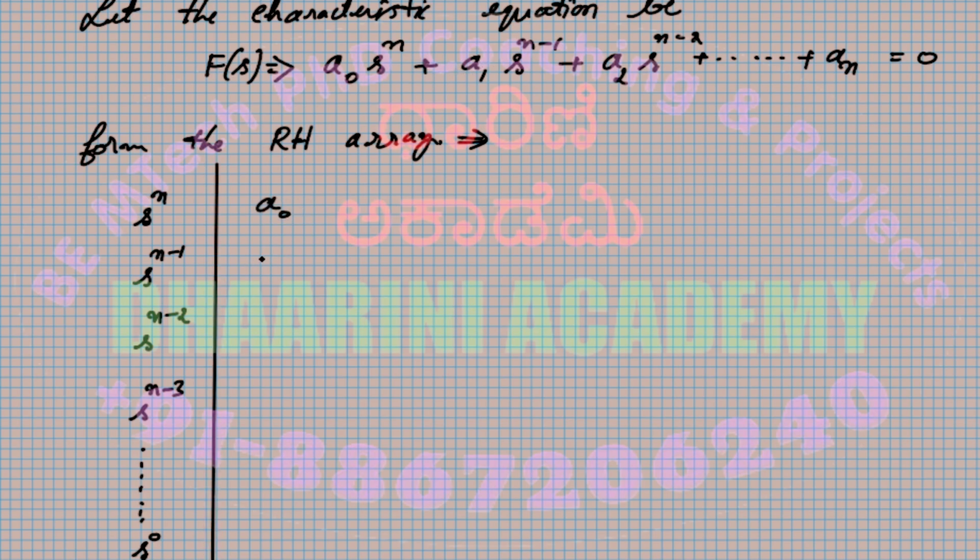The next coefficient comes below that, that is a1. But now you see you don't fill a2 here. You will not fill the first column completely. Instead, you keep filling row-wise for the first two rows: a0, then a1. The next coefficient a2 comes here, a3 comes here, a4, a5, etc. Like that, you keep filling this.